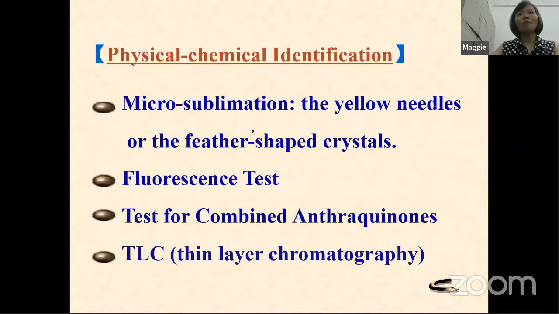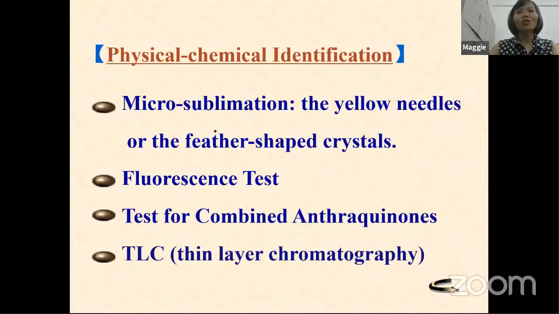Next one, physical chemical identification. Usually we identify this drug by physical or chemical identification. It includes microsublimation and fluorescence tests, tests for combined anthraquinones, and TLC, etc. The microsublimation test indicates the result: yellow needles or feather-shaped crystals exist and can be observed under the microscope.